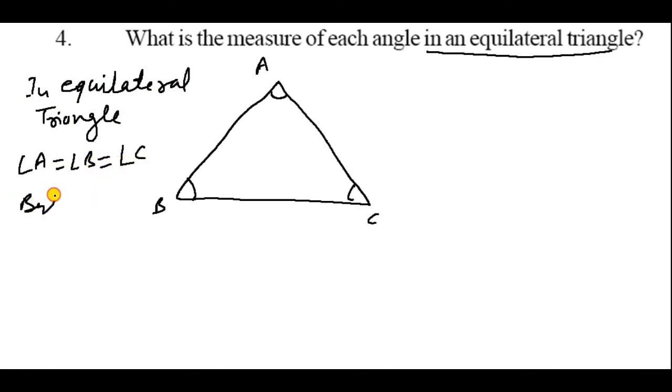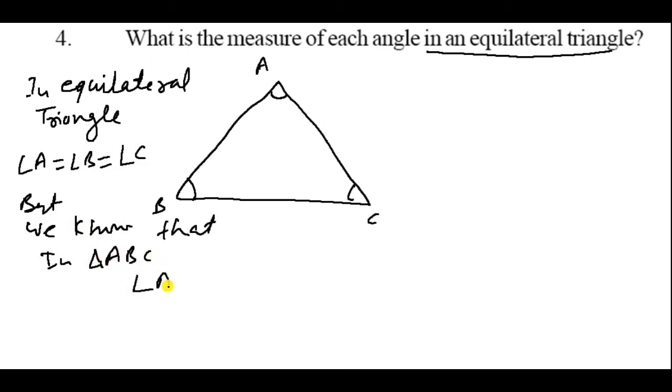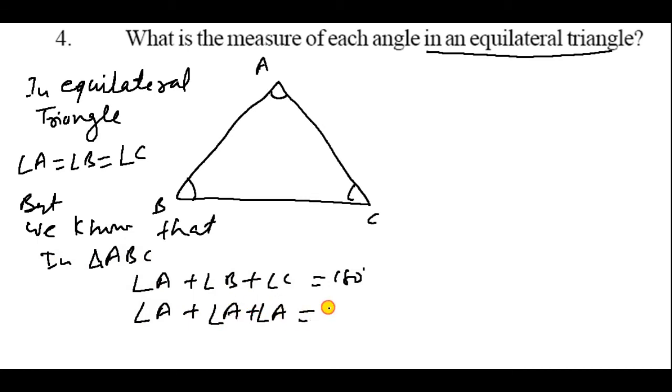But what we know is that in triangle ABC, angle A plus angle B plus angle C is equal to 180 degrees. So it is angle A plus angle A plus angle A, because all the angles are equal.